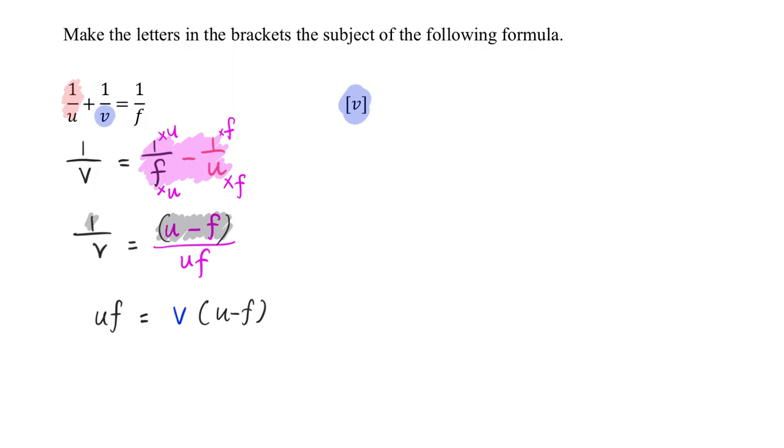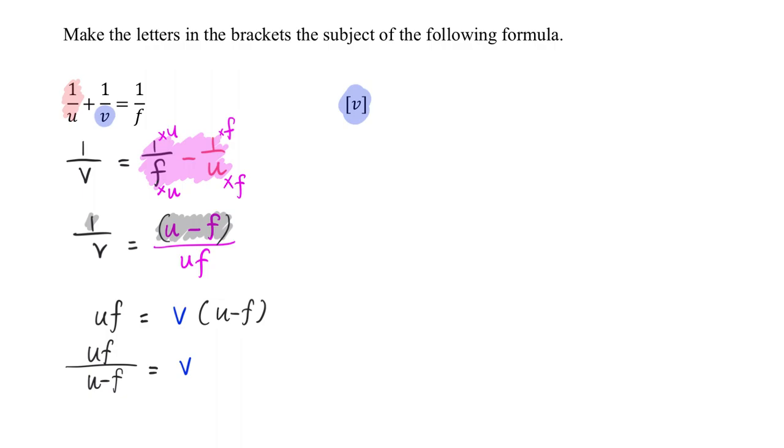And then I am going to divide by U minus F on both sides, so that one side of it will eventually only have V, the subject.